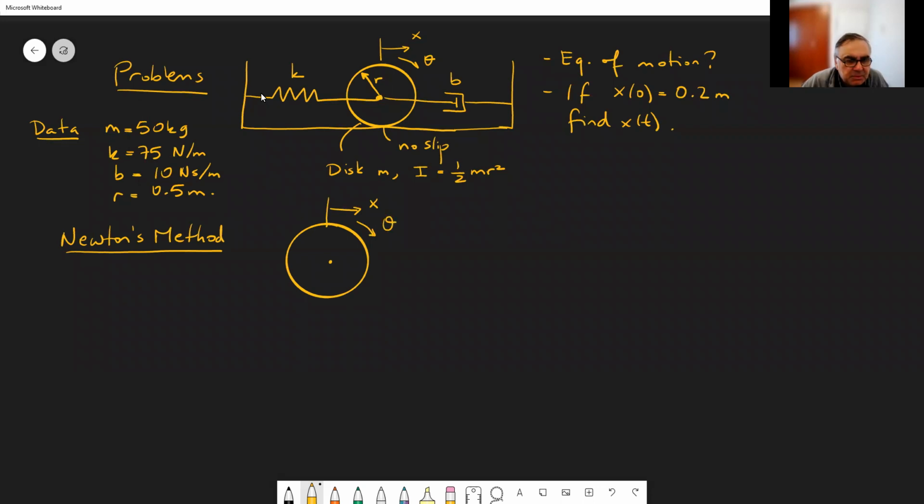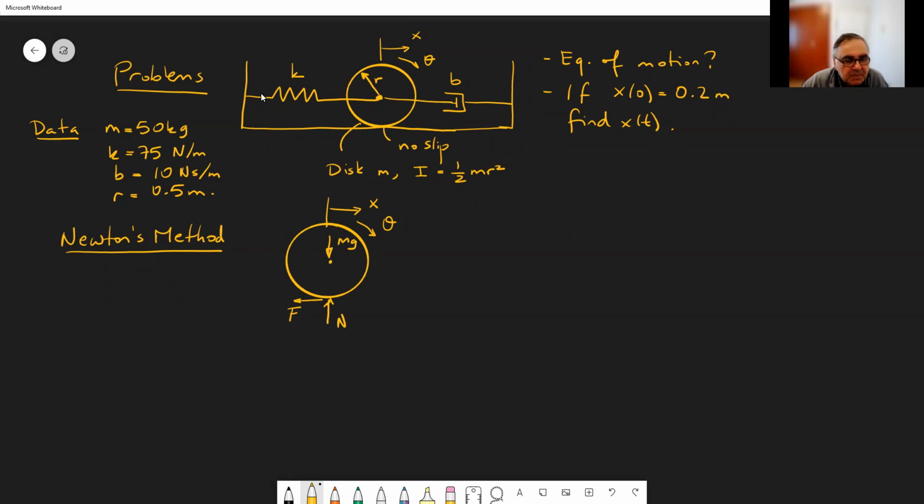Now, what are the forces? I'm sorry. There is the mg force of the disk, which is not very important, but let's put it. There is the normal force on the disk. Well, there has to be a friction force, F, otherwise there will be slip.